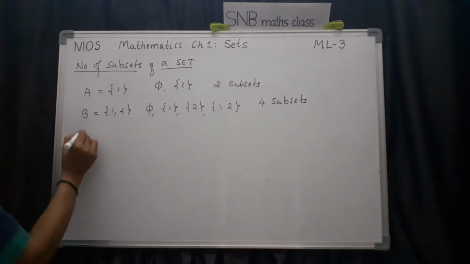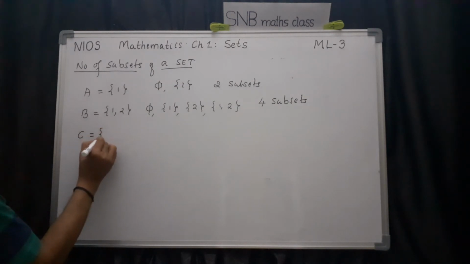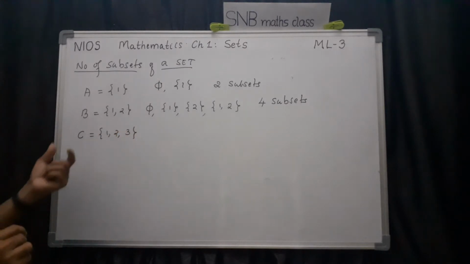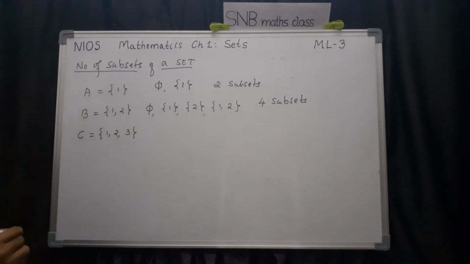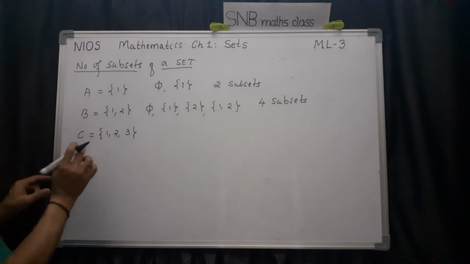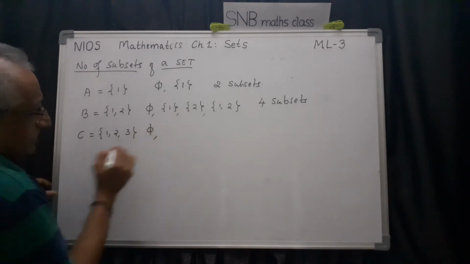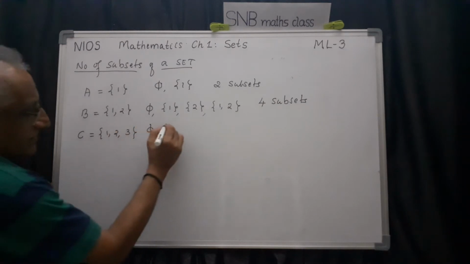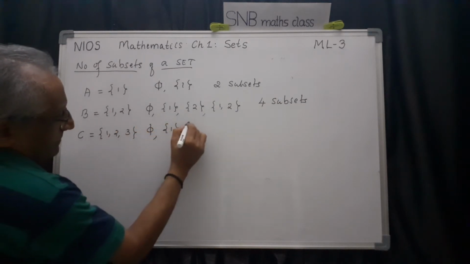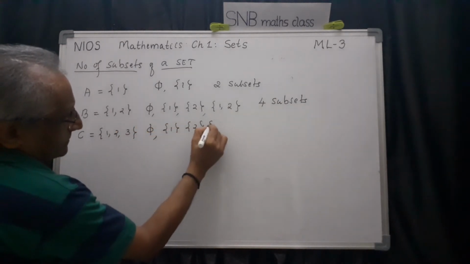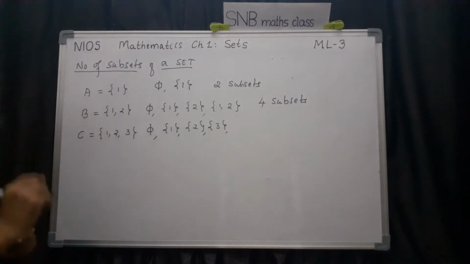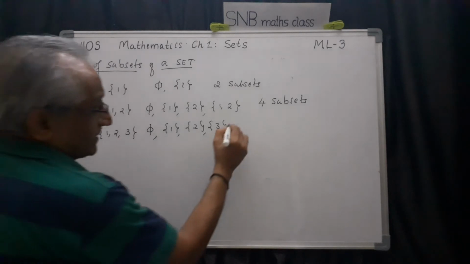Now let me take the next set containing 1, 2, 3. So what are the subsets? Let us list. One is phi, of course, as before. Then singleton set {1}, then {2}, then {3}. So these are the three subsets which have only one element. Then I can also take two elements.